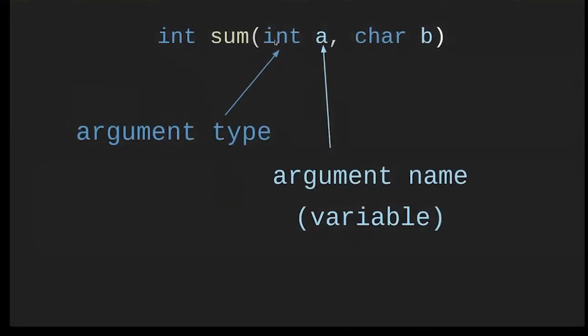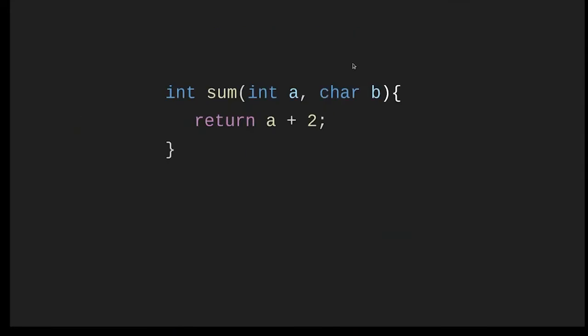And they don't need to be the same as your return type. So, for example, this is a valid function. You have a, which is an integer, and b, which is a character. Perfectly valid function. What's inside the body of the function, so what happens inside, we don't know. We haven't put anything in here. Well, actually, here's an example.